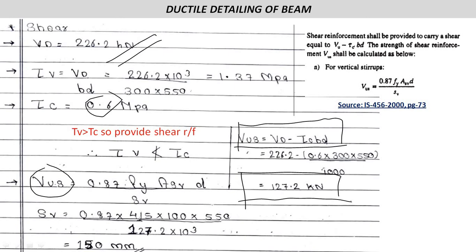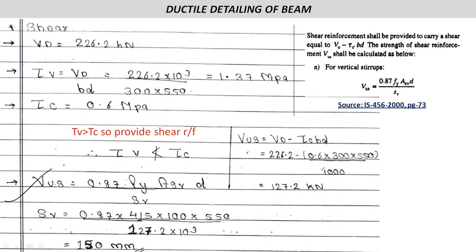By using this equation we will make SV the subject, which is the spacing between the stirrups, and the first value for the spacing is 150 mm. There will be three conditions for the spacing.